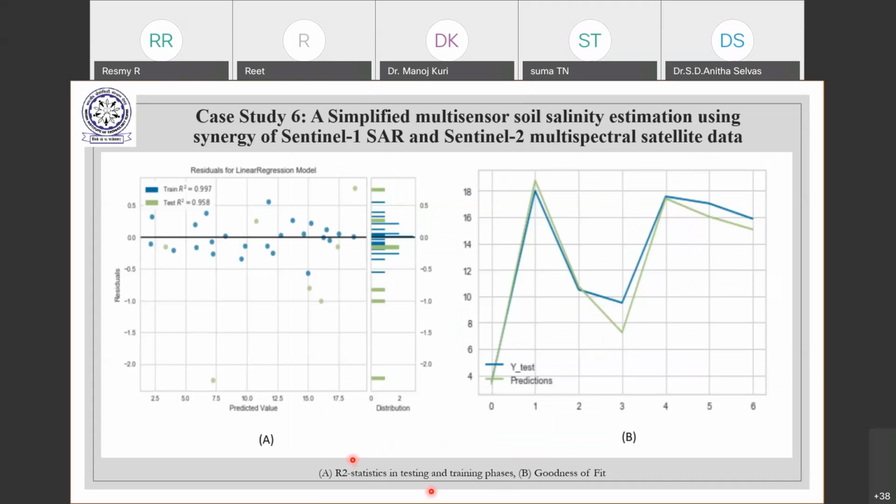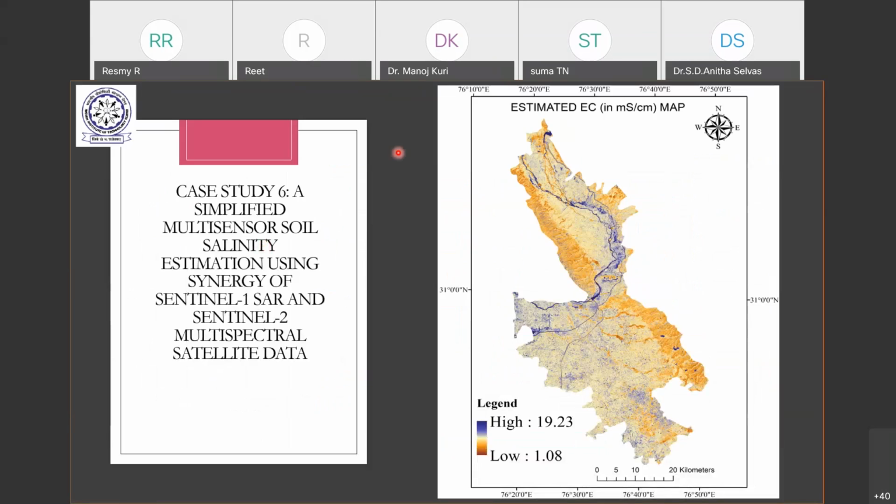So the results clearly show that a very good correlation was established, and around 95% accuracy was found for this model, and we were successfully able to estimate the EC for the entire region, because estimating the EC for the entire Rupnagar area with field data would have been a very hectic process.